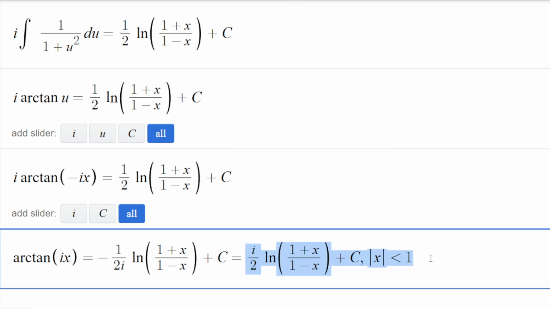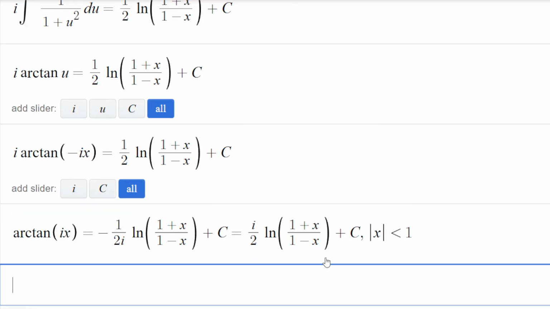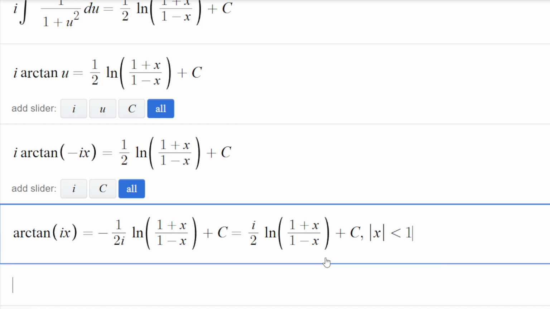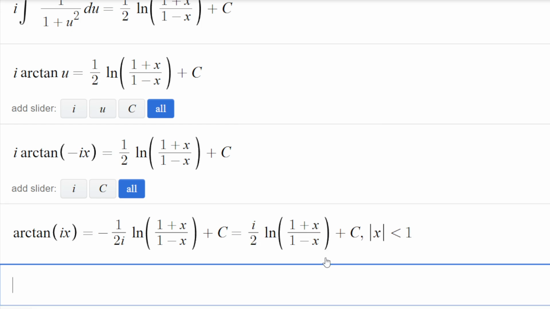All right. And let's notice that this is going to be good only for x less than 1, because if x is greater than 1, that gives us a negative value inside the natural log, which we don't want. Okay, so we have arctangent ix behaving like this for the absolute value of x less than 1.